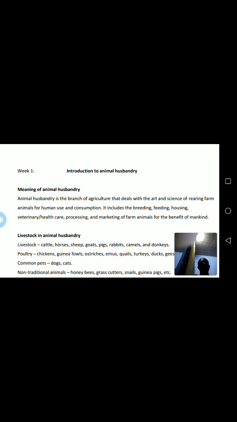Animal husbandry is the branch of agriculture. Like I said from the beginning, it's still a topic in agriculture holistically, but now it is coined as a subject of its own, so that a thorough understanding can be obtained from studying it as a subject.